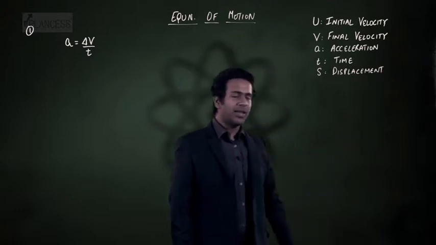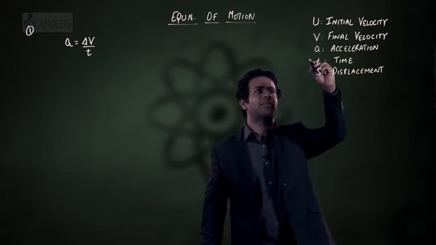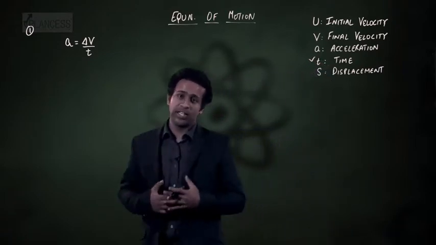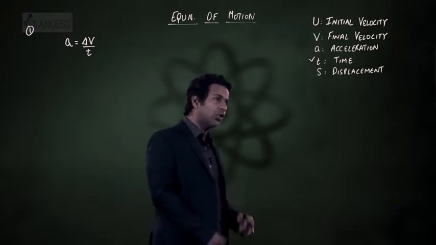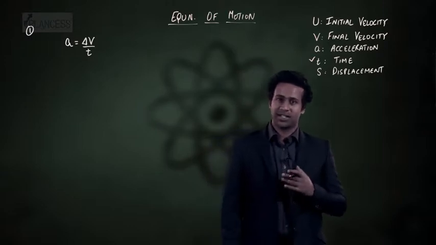Now, one thing that you must remember is that all of these quantities except time are vector quantities and they must be substituted with their suitable signs. Also notice that s here represents displacement and not distance.